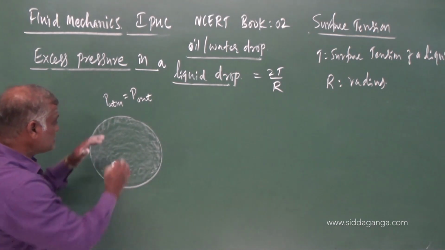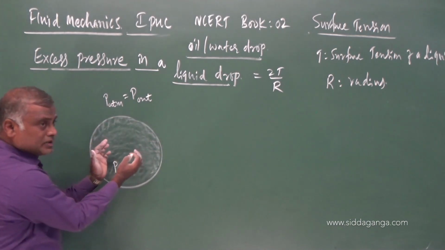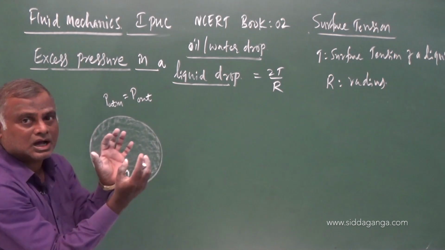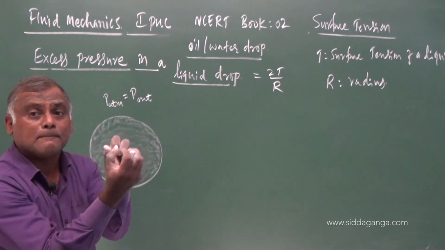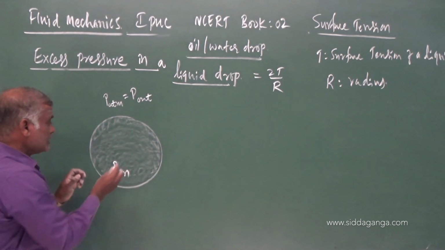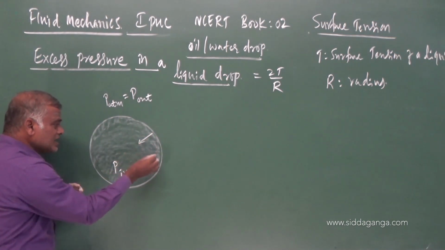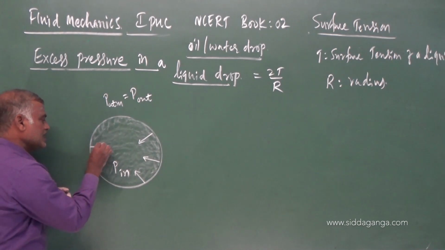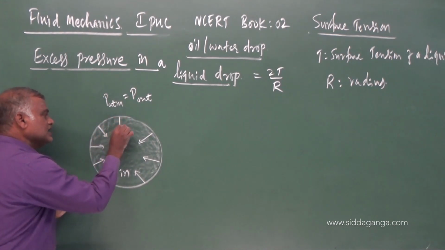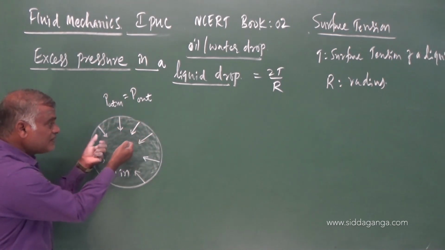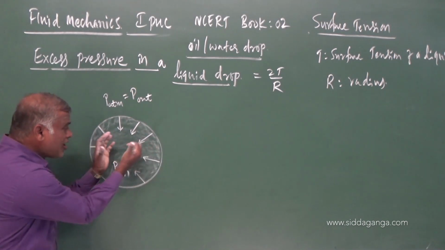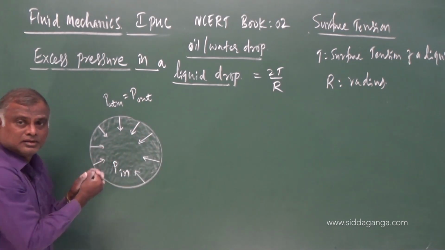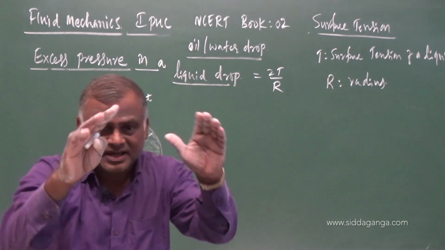Understand clearly, since I have a spherical drop here, all drops are coalesced, combined. There is some intermolecular force of attraction. So on the edge there is a force due to surface tension which will contract the free surface of the liquid.